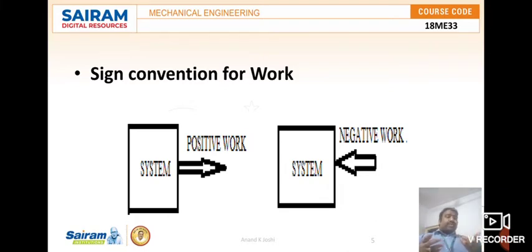Otherwise the motor is dependent on electric power. So it has to consume some energy, hence it is called negative work. So work done by the system on the surroundings we call positive work. Work done on the system from the surroundings we call negative work.